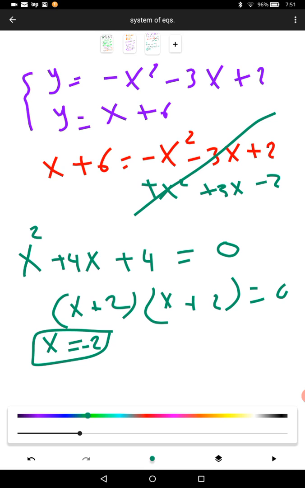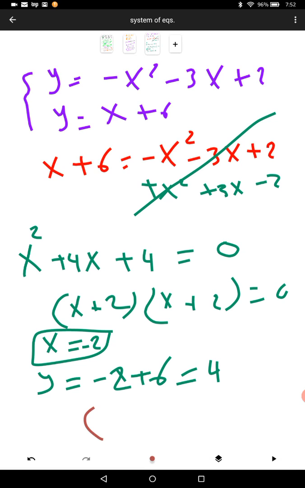If you plug x equals negative 2 into the second equation, it is easier. So y equals negative 2 plus 6, which is 4. So your solution now is negative 2 and what?